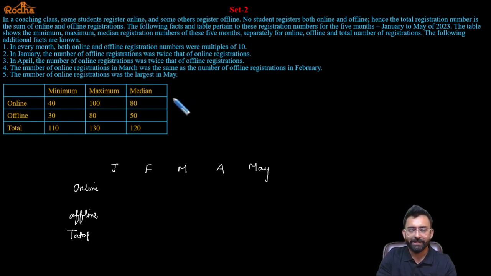What I know is that numbers are given. So if I look at the table first hand, I know minimum value is 40, maximum value is 100, median number is 80. So there are a couple of numbers which are going to be more than 40, 80 and 100, more than 40 and less than 80, something like this.